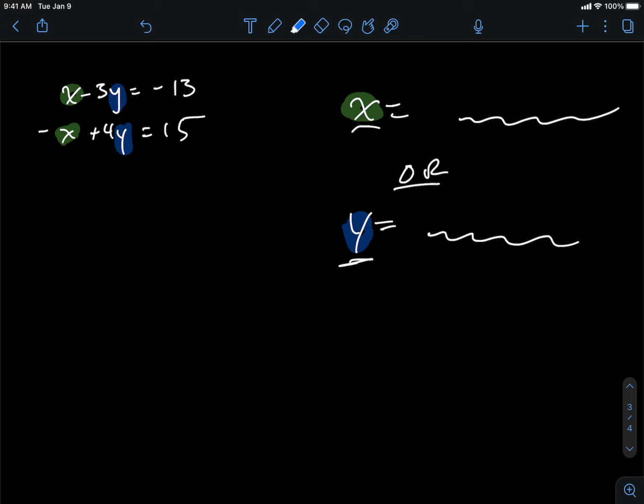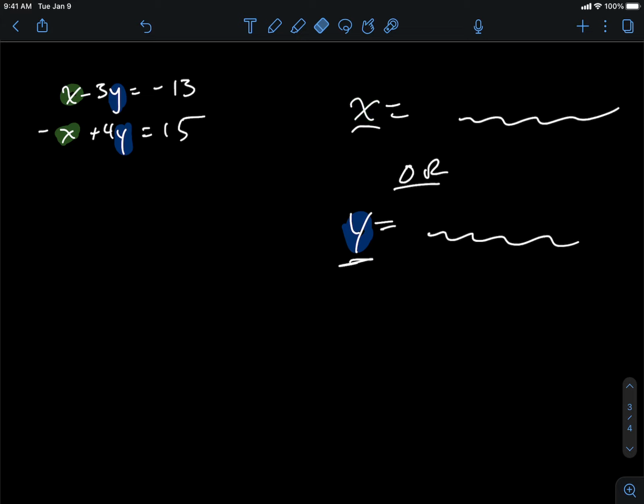Okay. So, personally I want to get the variable alone that would look to be the easiest to get. What you want to do is do whatever's easiest, right?